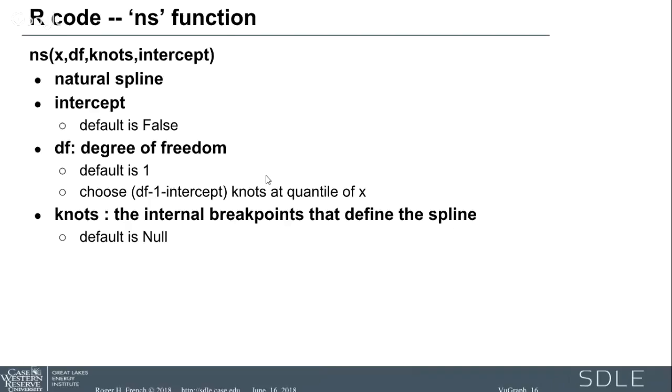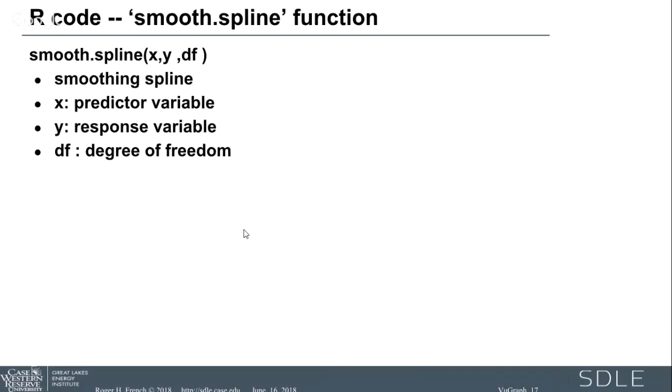It will compute 4 minus 1 minus 0 if your intercept is false, and it will choose 3 knots in this case. You can also put specific values for the knots. And for the smoothing spline, we can just input your predictor variable and your response and select your degrees of freedom.